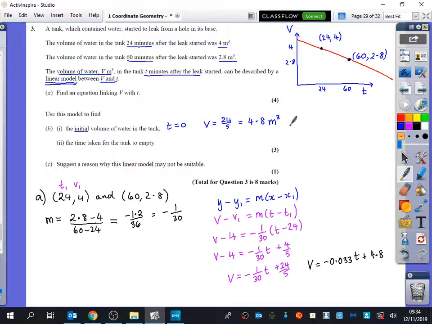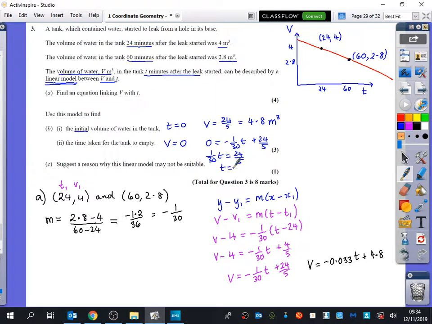It then says the time taken for the tank to empty. When it's talking about the tank being empty, what do we then know? The volume is 0, so we've now got that V is equal to 0. So if we come back down to this one that we've got here, we would have 0 equals minus 1 over 30 T plus 24 over 5. So we get 1 over 30 T is 24 over 5.